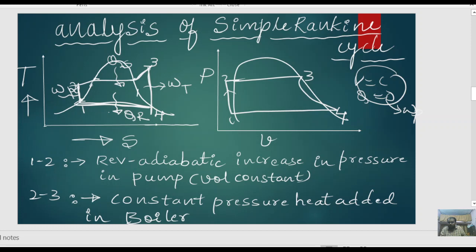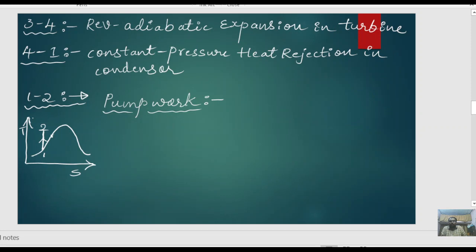The next process is 3 to 4, that is reversible adiabatic expansion in the turbine. Next, the process 4 to 1 is constant pressure heat rejection in the condenser. This is all about the theoretical part of the Rankine cycle.